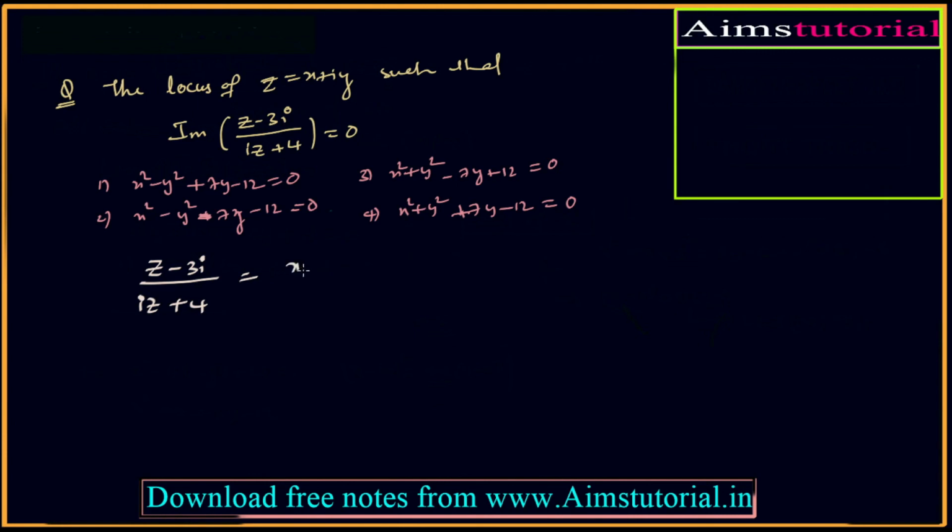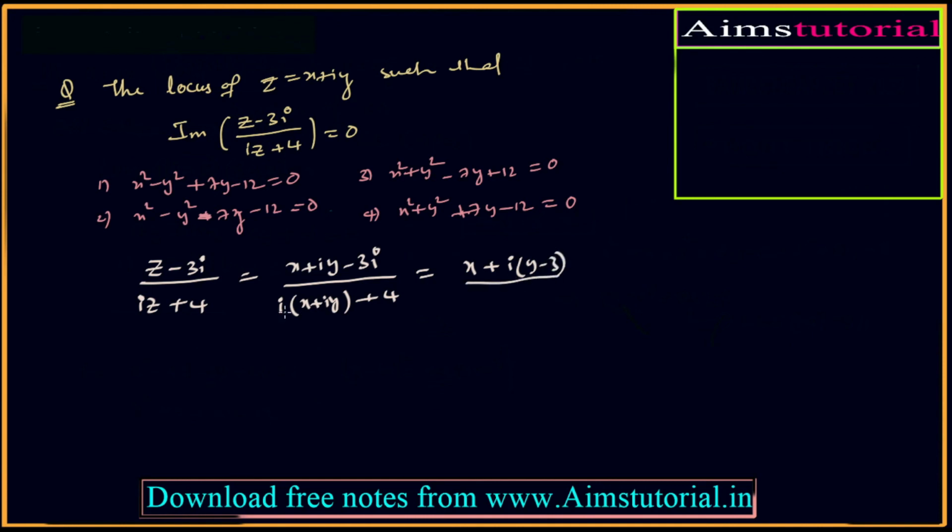Here z is x plus iy, so (x plus iy minus 3i) by i times (x plus iy) plus 4. If you take i common, we can write x plus i times (y minus 3).